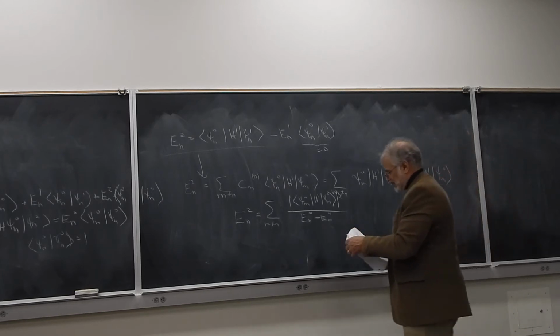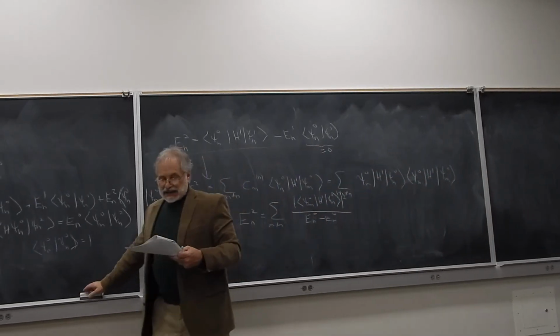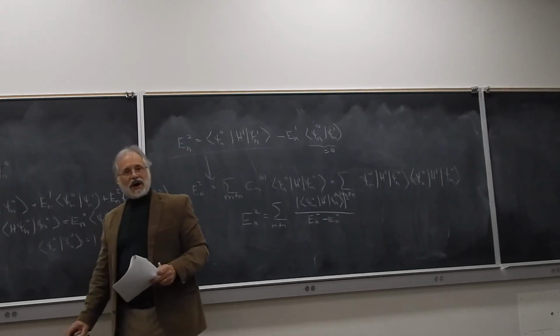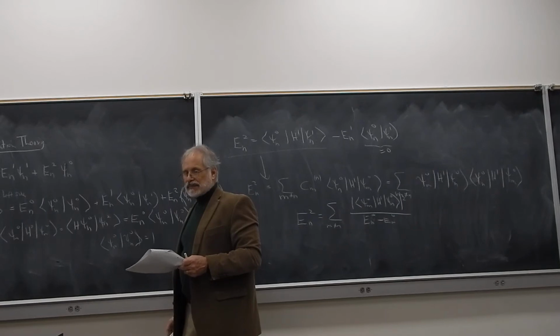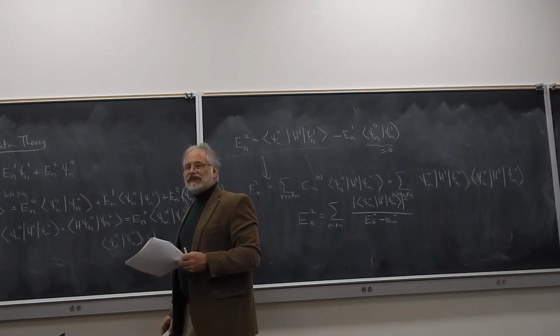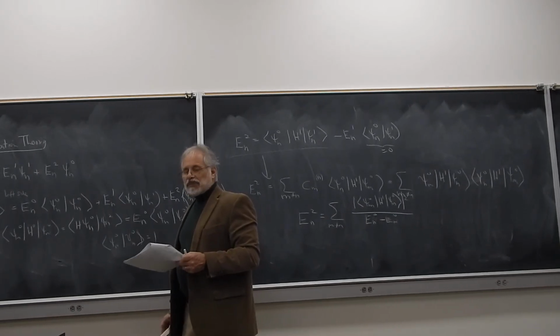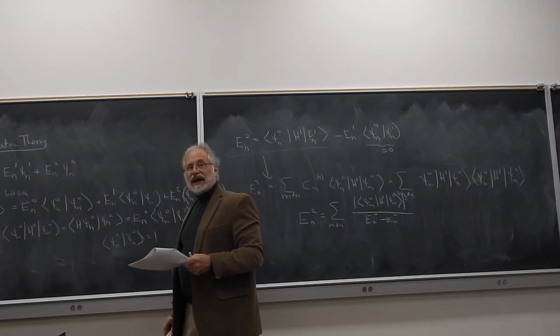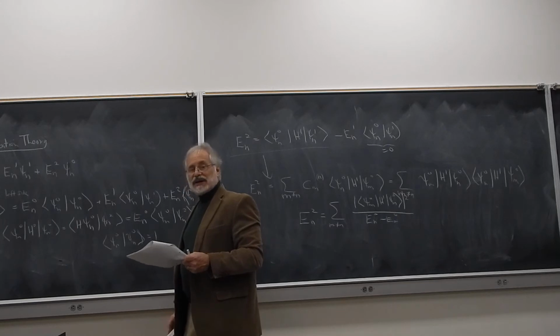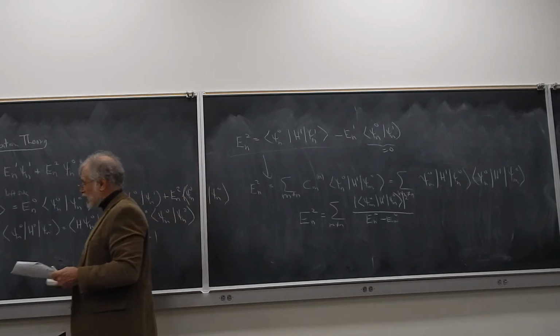Let's see if we can solve an interesting problem. Let's consider that we have a charged particle in a harmonic oscillator potential. Okay, we've done that before. Let's turn on a weak electric field and perturb the initial potential that way.